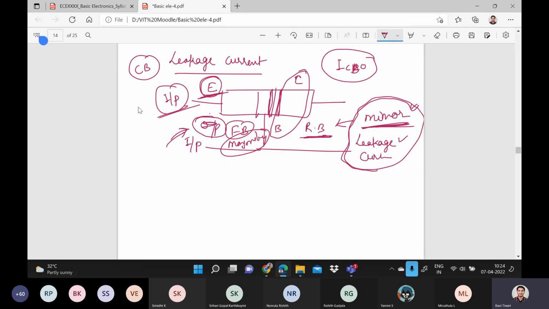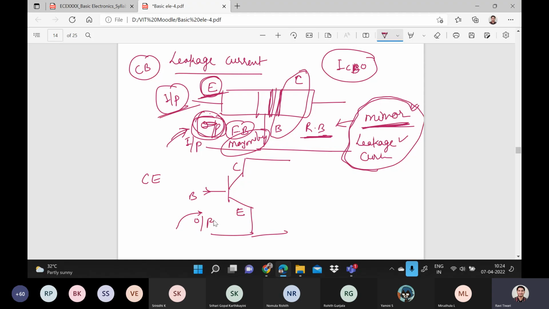Now if I see for the common emitter, here this is emitter, this is base, this is collector. Now I am saying the input is open circuit, right? This is open. And the current which flows from collector to emitter when your base is open circuit is again a leakage current, only because of minority carriers.